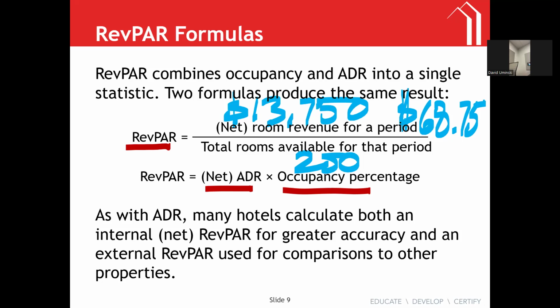The comma is right here, so it's 18,750. I think that's why we got so much, because I think you have it as 187,000. So it's 18,750. Double check that one.